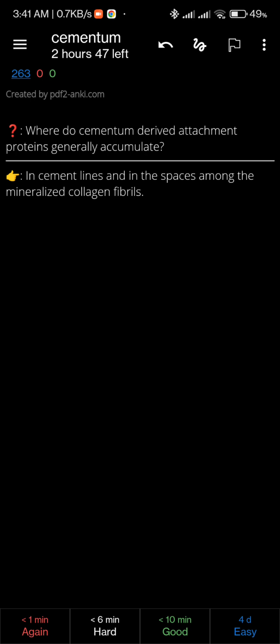They accumulate in cementum lines and in the spaces between mineralized collagen fibers.